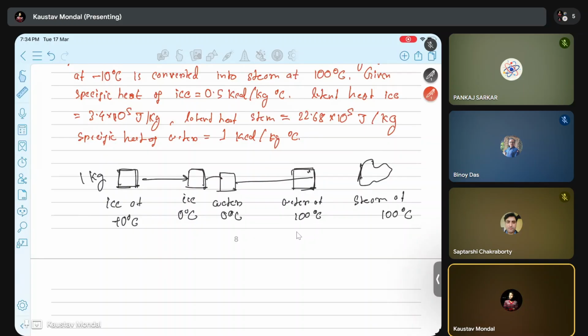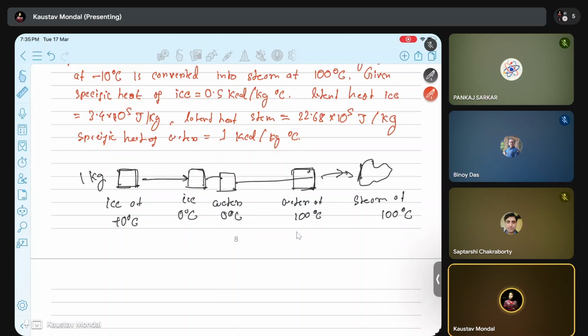Then there will be a phase change from ice to water, and in that case it will remain at the same temperature, 0 degree. Then again it will convert from 0 degree water to 100 degree water, and after that it will do a phase transition from water to steam.